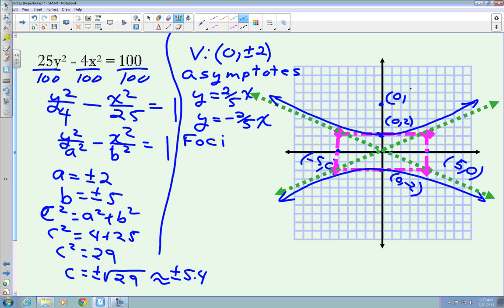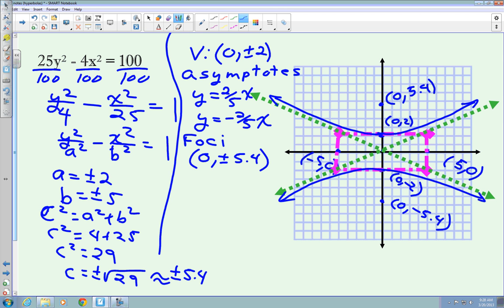And so I have 0, 5.4, and I go to 0, negative 5.4. So my foci are 0, plus or minus 5.4. There's 2 points for the vertex, 2 points for the foci, and 2 asymptotes, one with positive slope, one with negative. Okay, that makes sense?